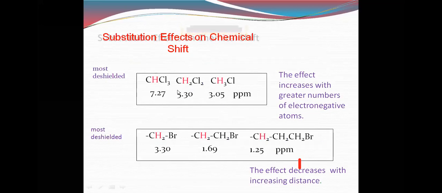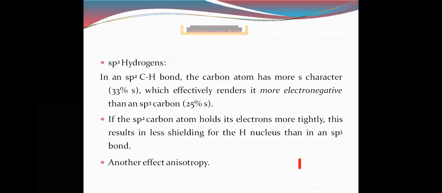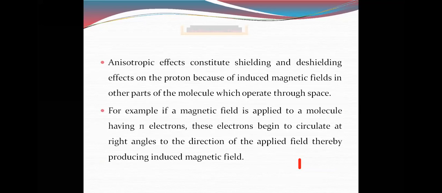You are increasing the ppm because of electronegativity, since there is one chlorine, two chlorine, three chlorine atoms. Three chlorine atoms give highest electronegativity, highest deshielding, highest chemical shift. I think you got the point: electronegativity increases the deshielding. So I'm not going to discuss it repeatedly.